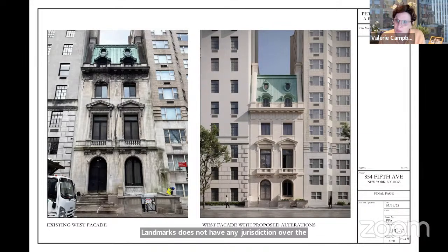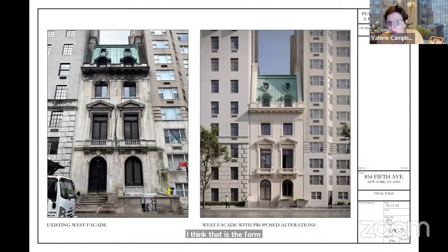But once we get to the second part of the review process at city planning, I think that is the forum really to discuss the use, public access, and how the interiors could be protected and the mechanism for doing so. Those kinds of issues can be addressed in the restrictive declaration, which is binding on future owners.